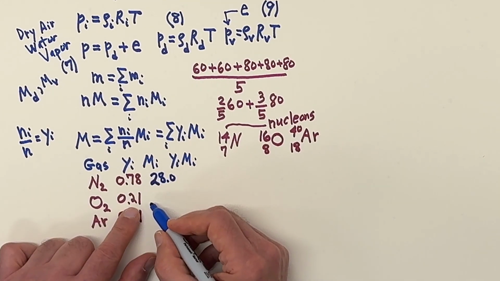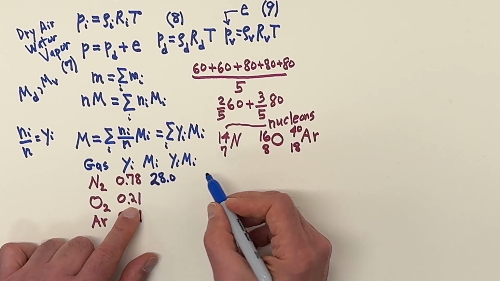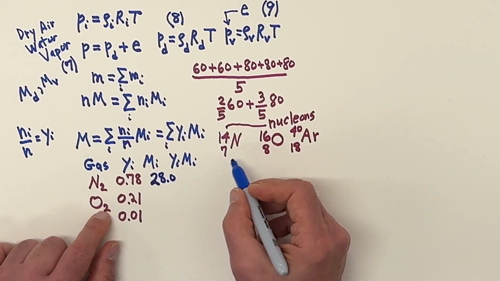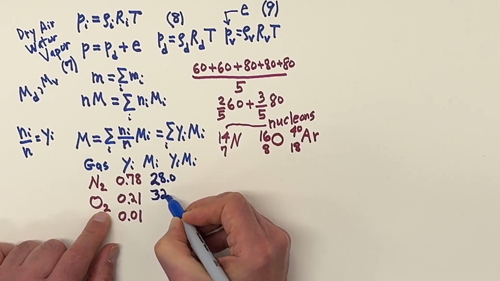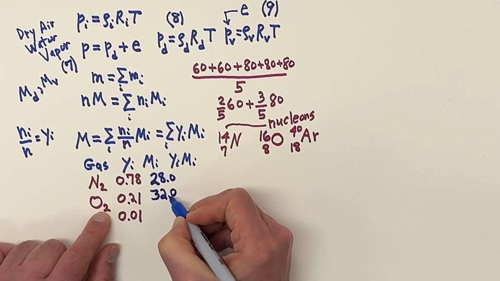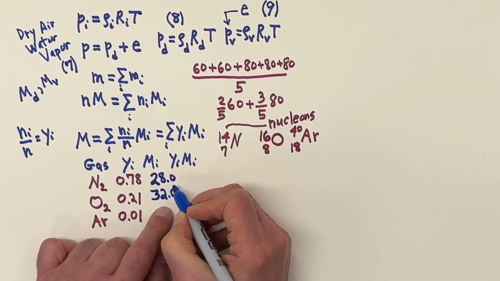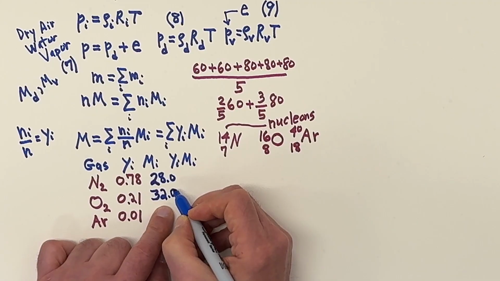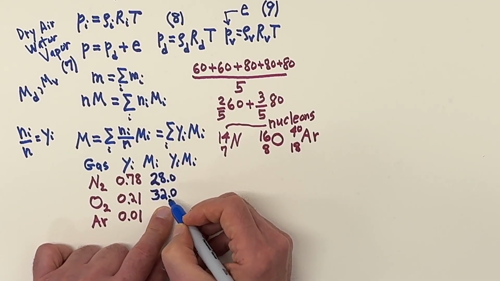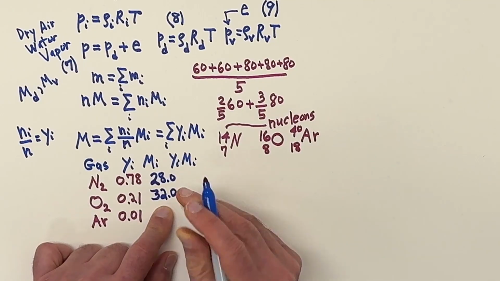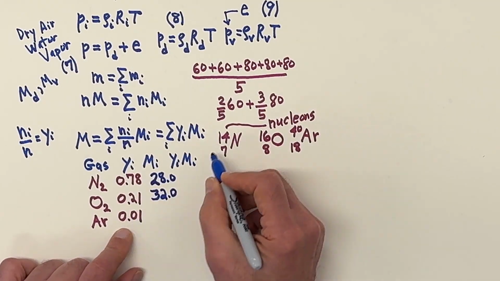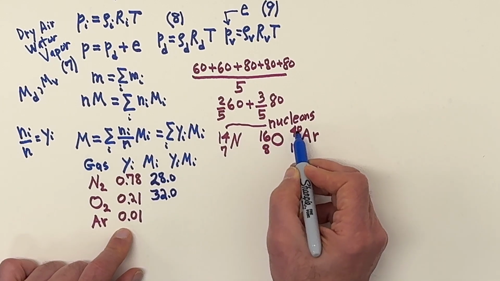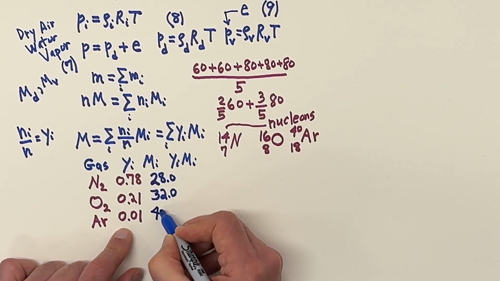Then for the oxygen, we're going to have here 2 times 16, so we'll have a 32. I'm going to be a little cavalier with the significant figures at this point, but when more careful analysis is done, you're going to get the answer I'm going to get here. So here you have 40 for the argon.